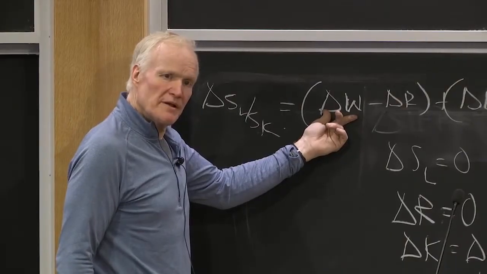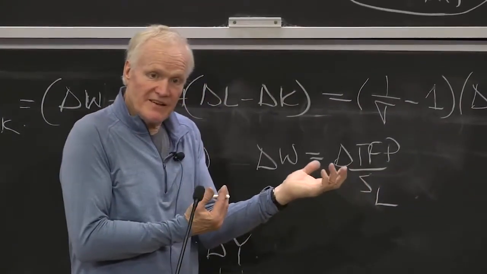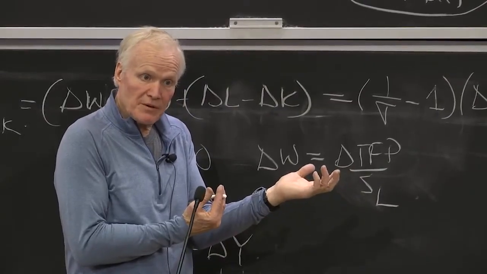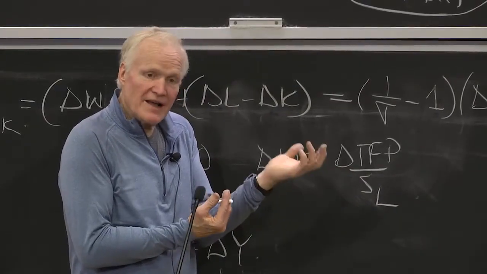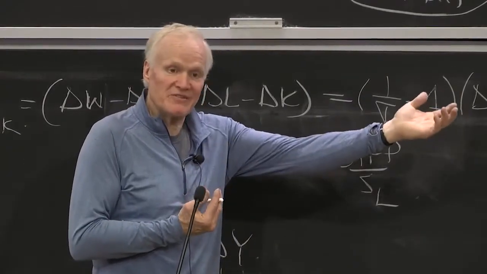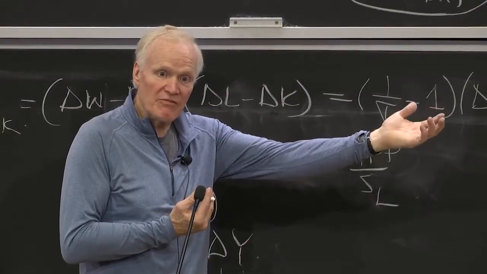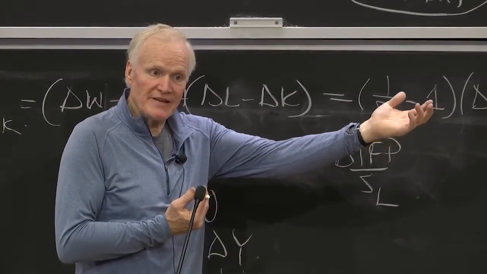See what's going on? So what's going to happen is, the greater the elasticity of substitution between labor and capital is, and the greater the bias in technology is toward capital, the more we're going to have to increase the capital stock. Because we're going to have to increase the capital stock enough to get productivity down.